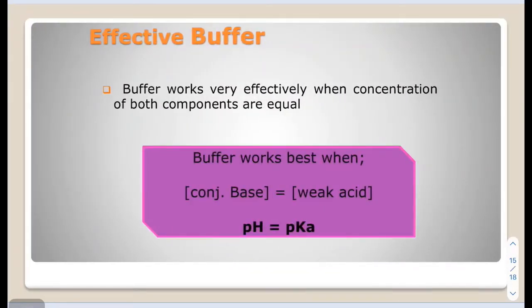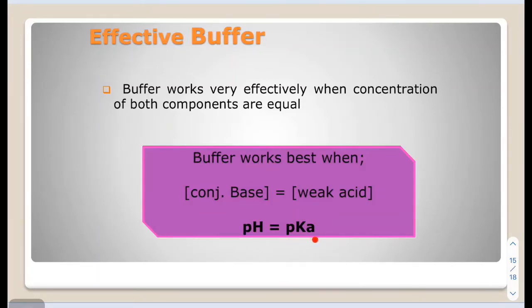And the most effective buffer is when the concentrations of both components are equal. When the concentration of the salt and the concentration of the weak acid are equal, or when the concentration of the salt and weak base are equal. It is because at this time the pH will equal the pKa value.